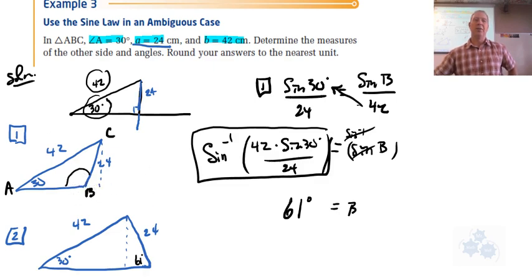Any ideas? 61 would be the reference angle for this one. Remember we learned about reference angle last week? So if 61 is the reference angle, what is the actual angle if it's between 0 and 180? It would be 180 minus 61. So that's going to be 119 degrees.